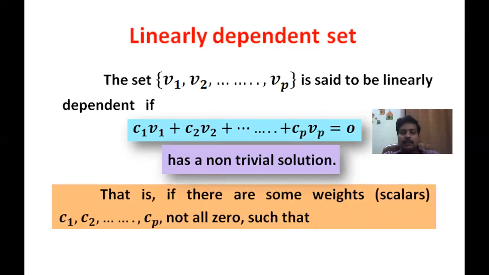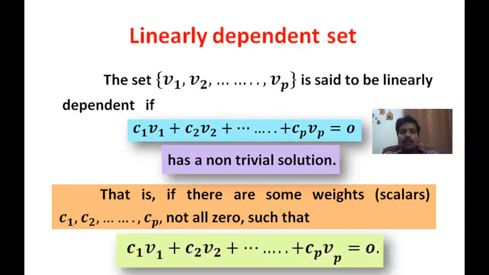That is, there are some weights C1, C2 and so on Cp, not all zero, such that this relation holds. If we are unable to find a non-zero solution, then we can say that the set is linearly independent.